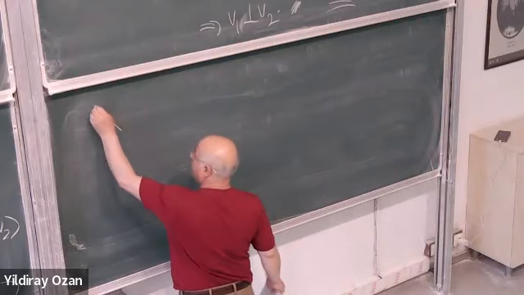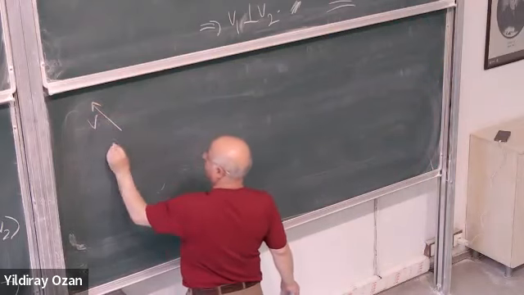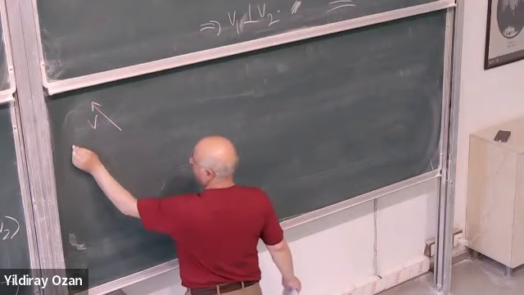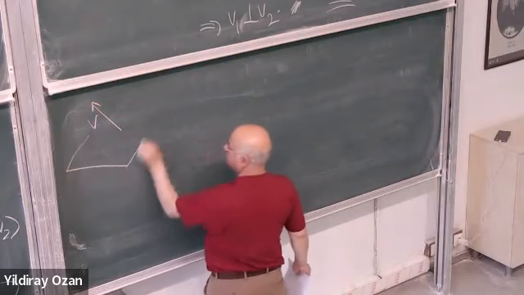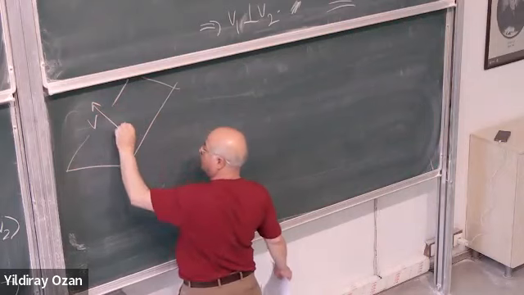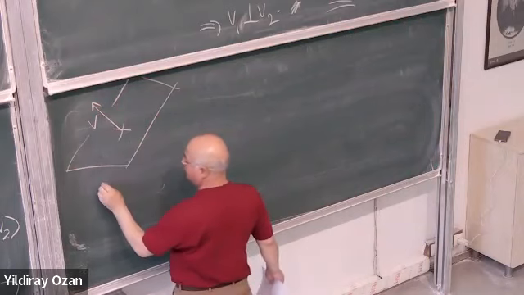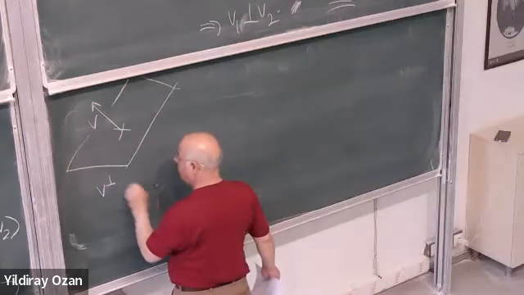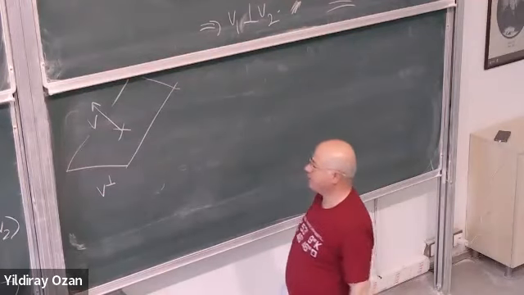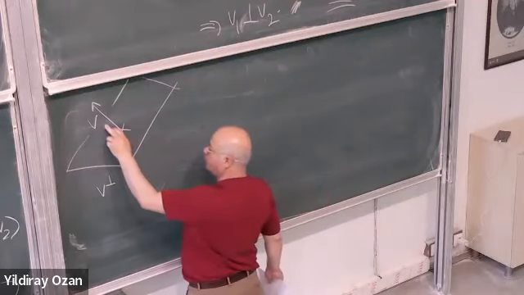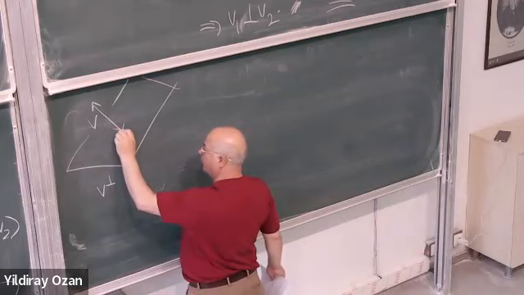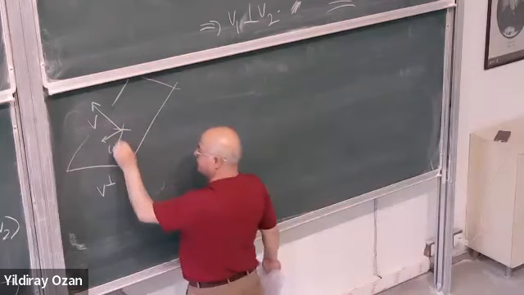So if this is an eigenvector V, let's say I have this line here. So this is, let's say, the set of all vectors that are perpendicular to V. So it's a vector like this.